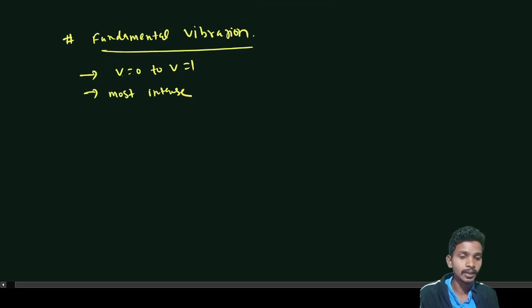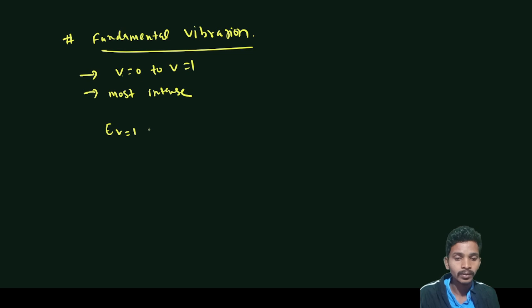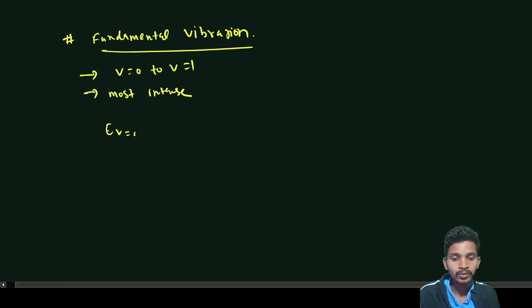So how can you say this transition? This will be E at v equal to 1 minus E at v equal to 0.